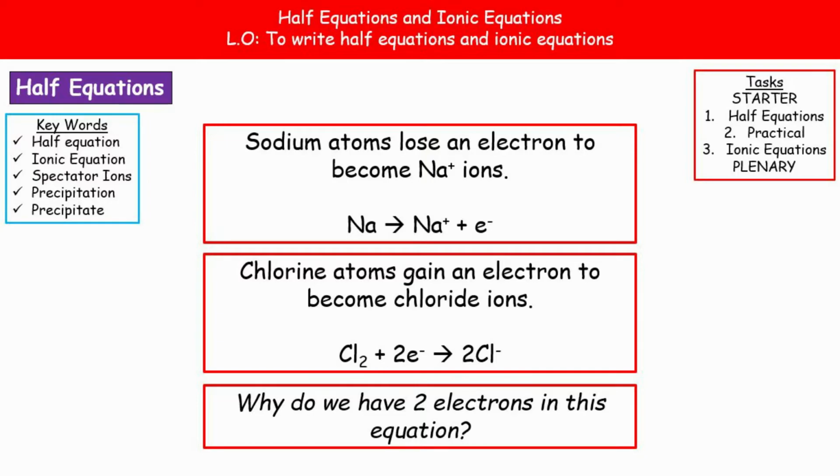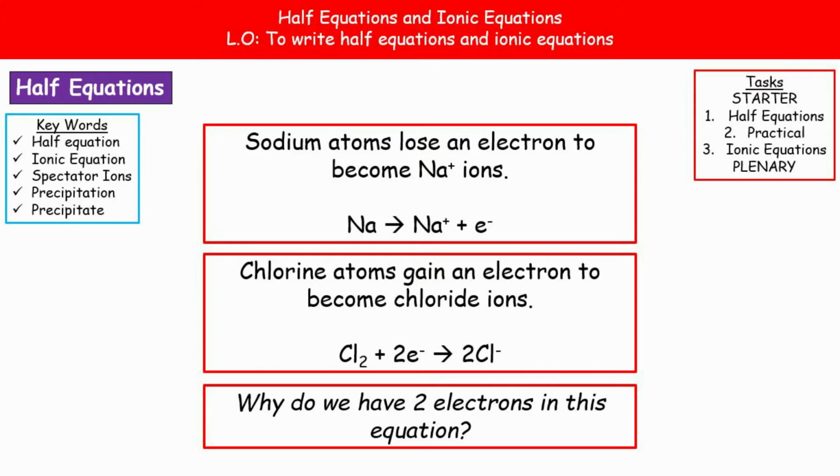If we then look at our chloride ions, we start off with a chlorine atom, and the chlorine atom is going to gain an electron to become the chloride ion. Now, hopefully for the equation we remember that the halogens are diatomic, so they go around as a pair, so we always have to have the little 2 in the bottom right.